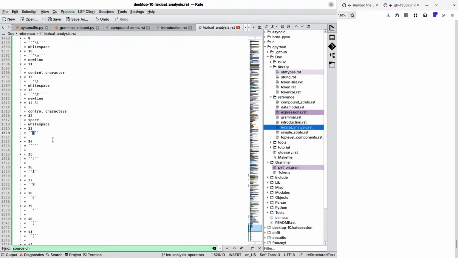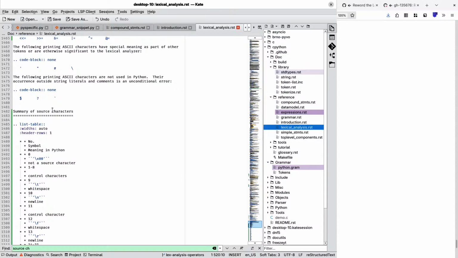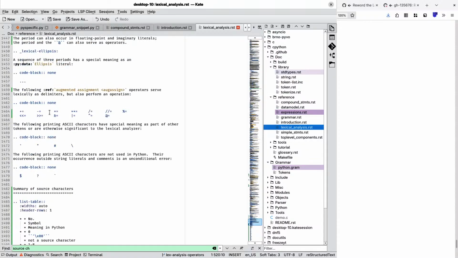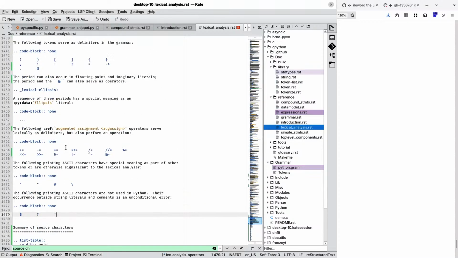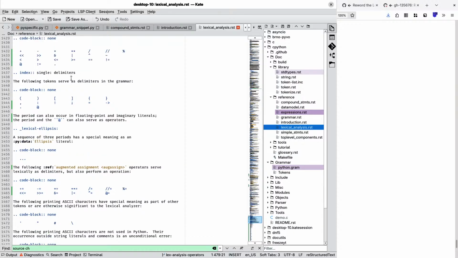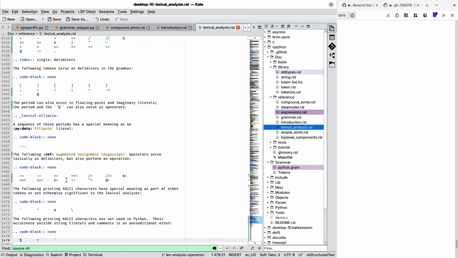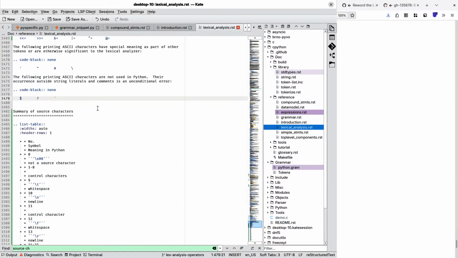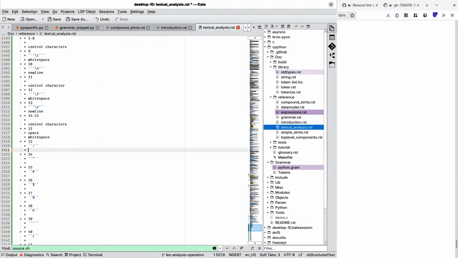Right, so the exclamation mark is only part of not equals.